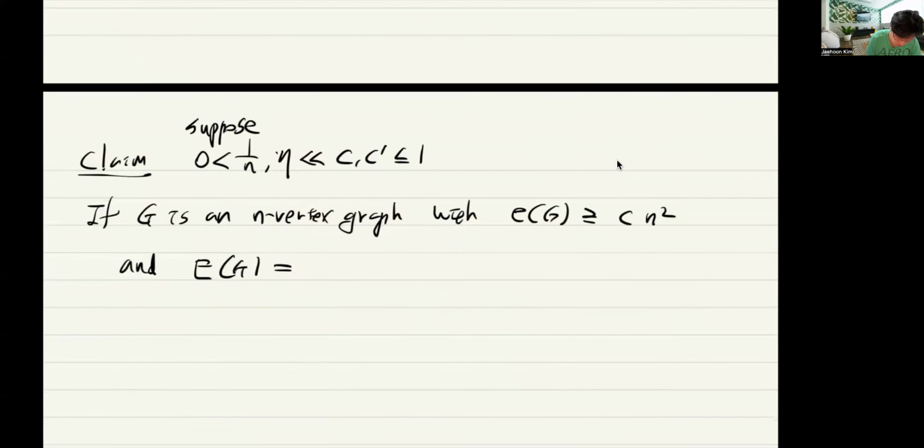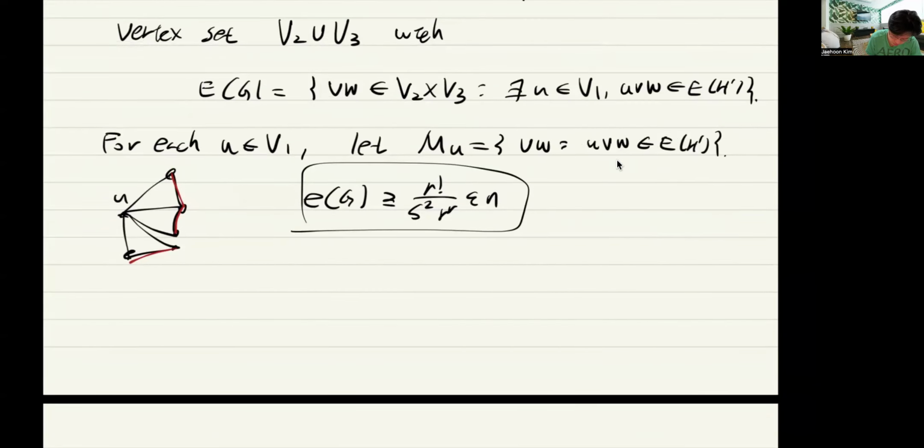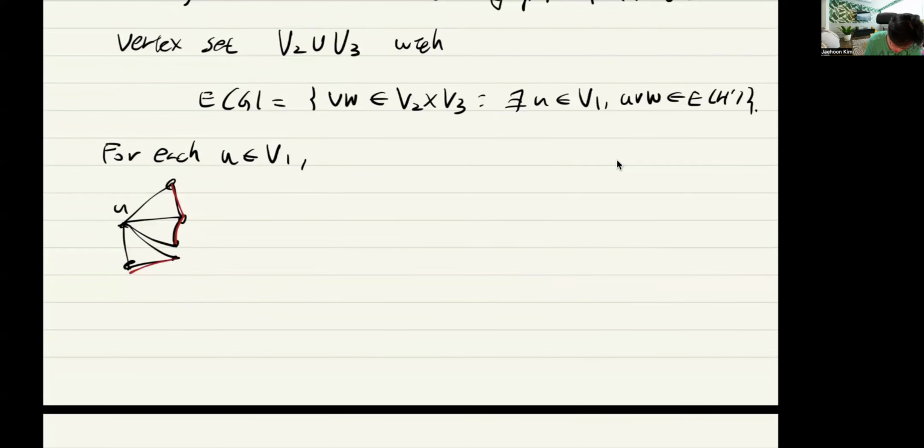Okay, maybe before this claim, let me characterize that. So for each u, you can consider the edges of G, let's say E sub U, with PW such that UPW is an edge in H. Okay.